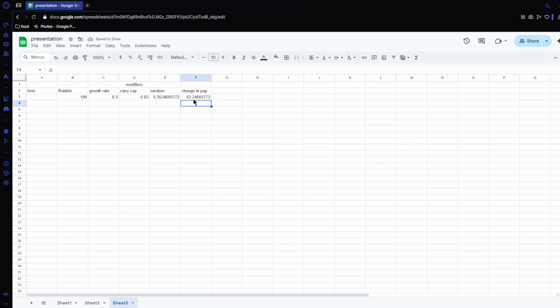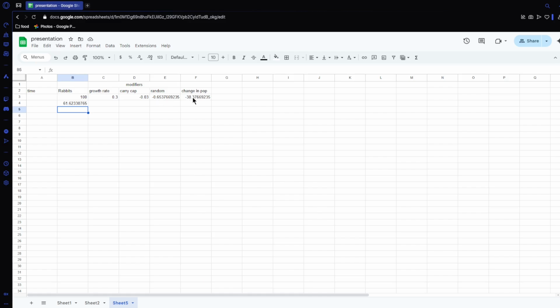And now we have an enormous growth in this example. So the next step would have 100 plus our 62 equals. All right, so because I entered another equation, the random number updated again. And it's very interesting that it took our population and made it negative now all of a sudden.